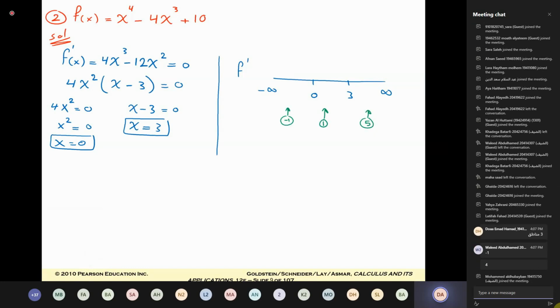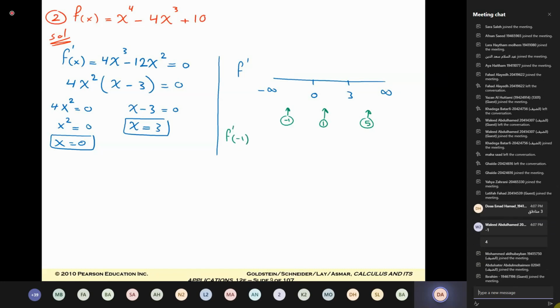Now we need to check f prime at -1, positive or negative. Then f prime at 1, positive or negative. Also f prime at x equal 5, positive or negative.